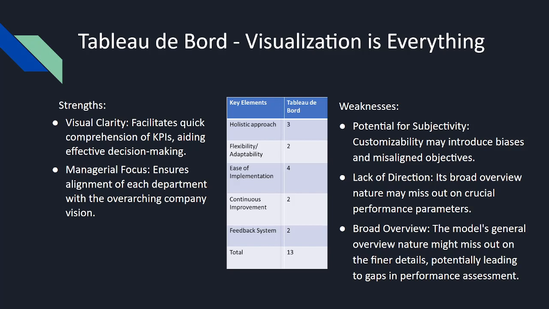Then we have a lack of direction. It does give a broad overview, but it may miss out on crucial performance parameters. That broad overview is another weakness: the model's general overview nature might miss out on finer details, leaving a little bit of gaps within its assessment.